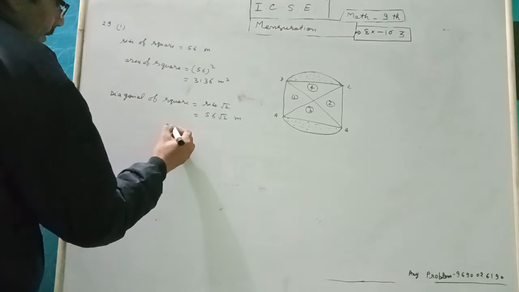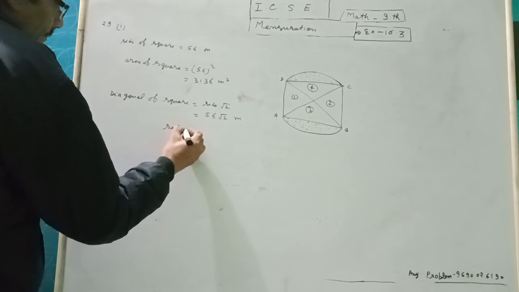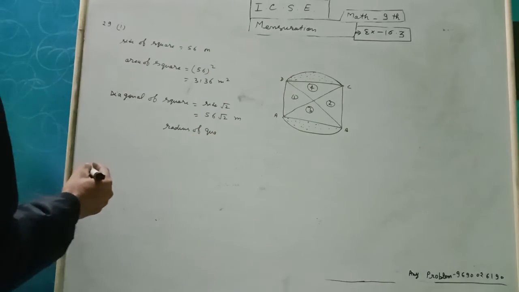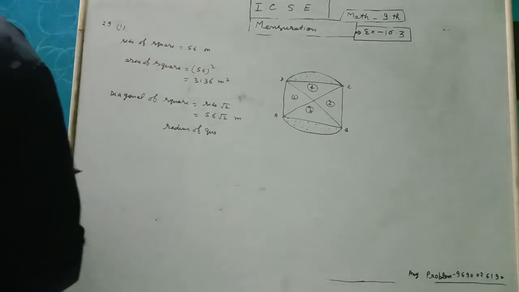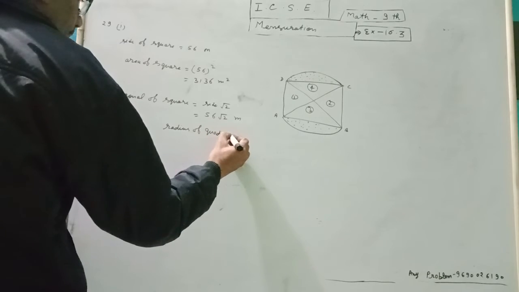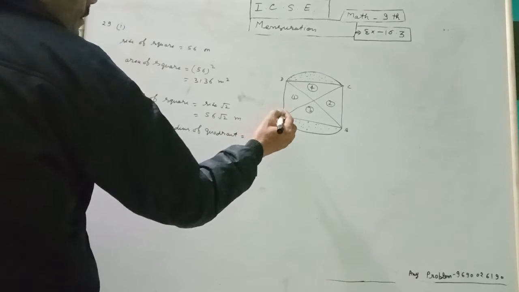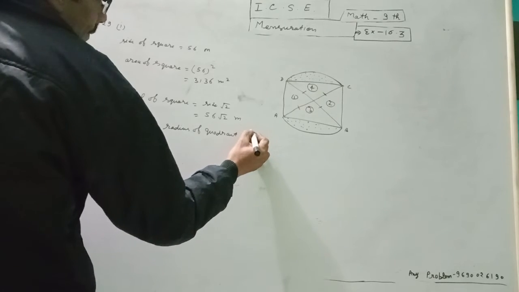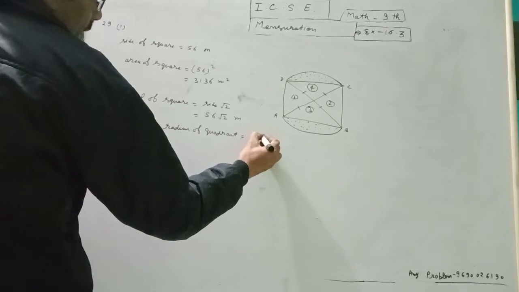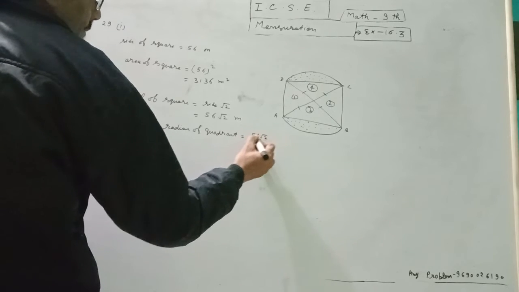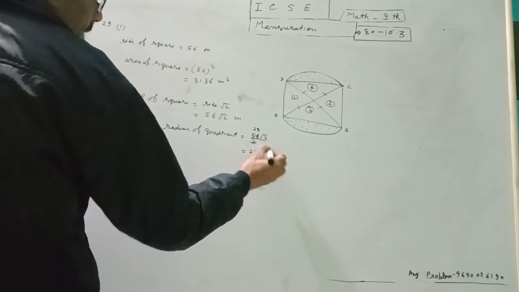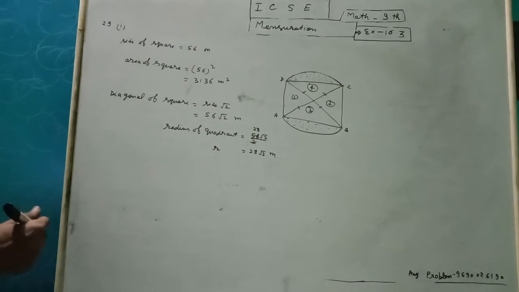Radius of the quadrant is equal to 56 under root 2 upon 2, half of the diagonal of the square, divided by 2, 28. 28 under root 2 meter is the radius of the quadrant.